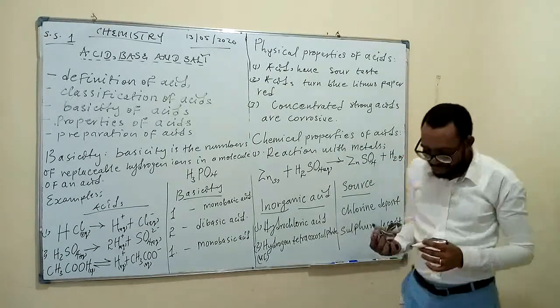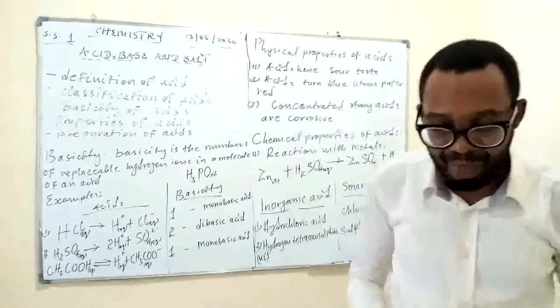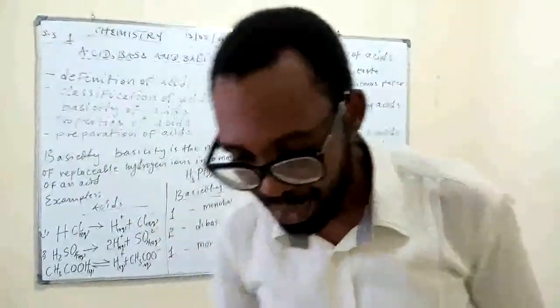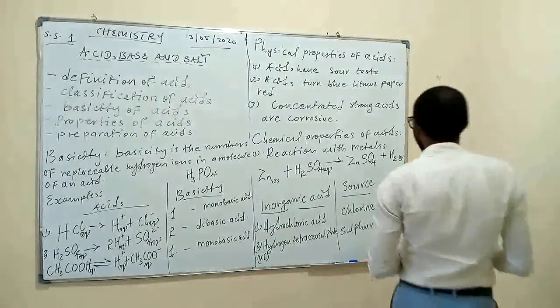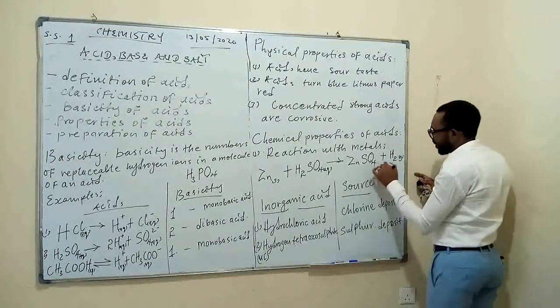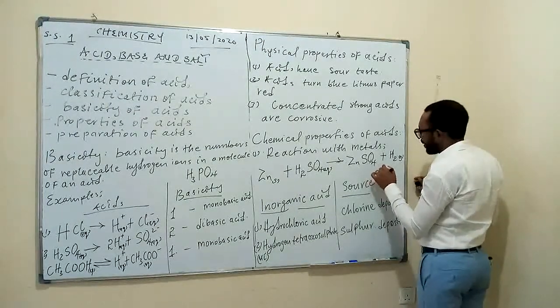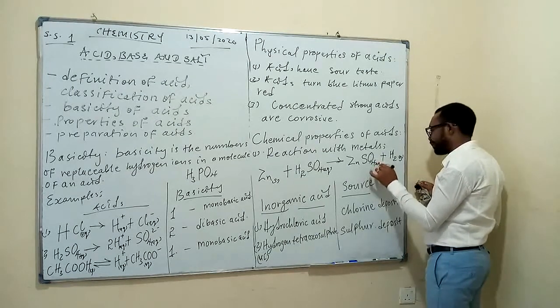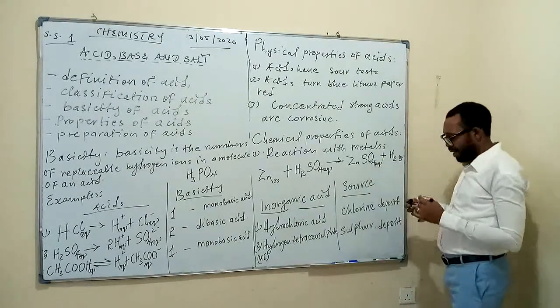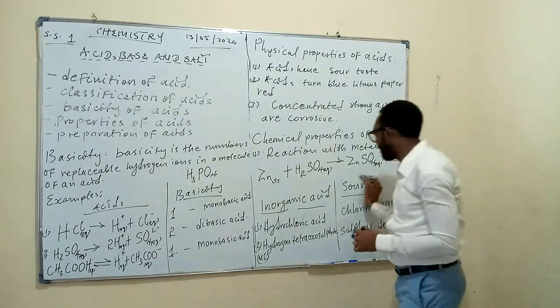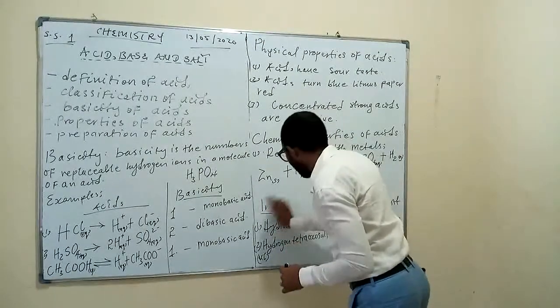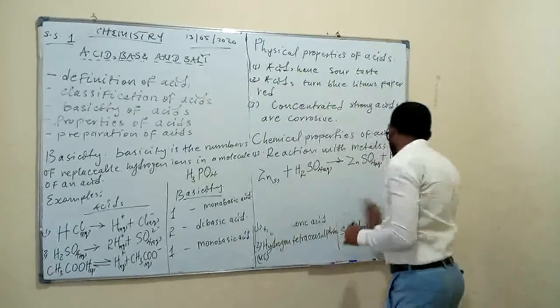So an acid reacts with metals to produce the corresponding salt of such a metal and hydrogen gas. Another reaction I said is with a base, that's neutralization reaction.